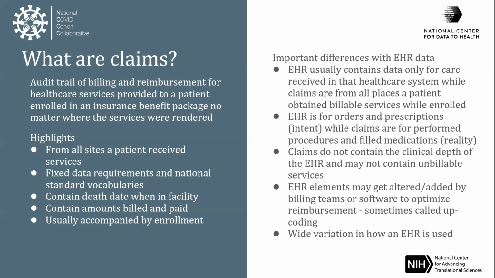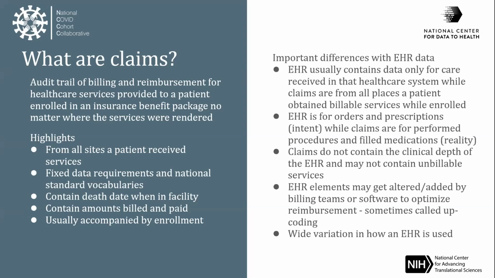The good news is that what we have in N3C are fully adjudicated. Sometimes they're called final action claims. So it's sort of the final claim, and we don't have to be worried about that adjudication process. That process takes time. So there's a latency between when somebody has a service and when the final bill is actually taken care of, final payments taken care of.